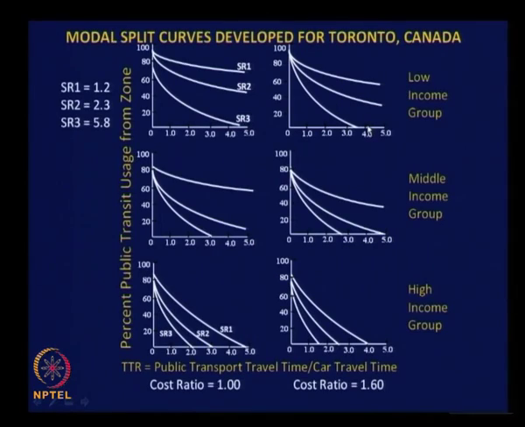Similarly, on the same lines, we found here when the cost ratio is 1.6, for a travel time ratio of 4, if we consider people belonging to low income group, they may not choose the system if the service ratio is SR3, but it need not be true 100%.